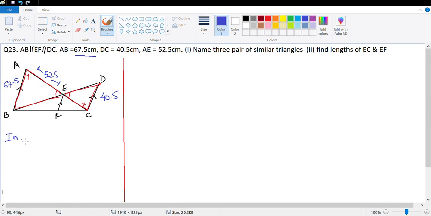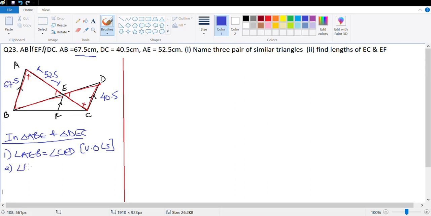So in triangle ABE and triangle DEC, number one, angle AEB is equal to angle CED, vertically opposite angles. And number two would be angle BAE is equal to angle DCE, alternate angles.